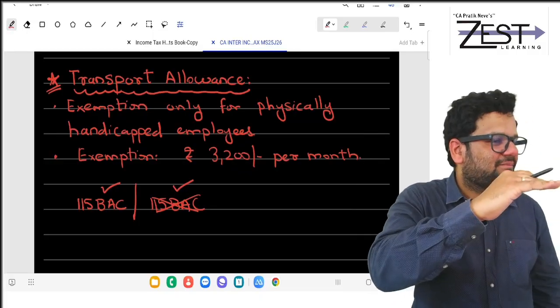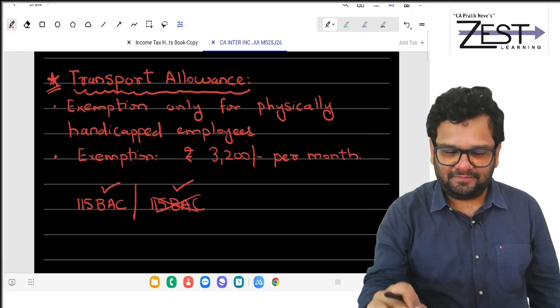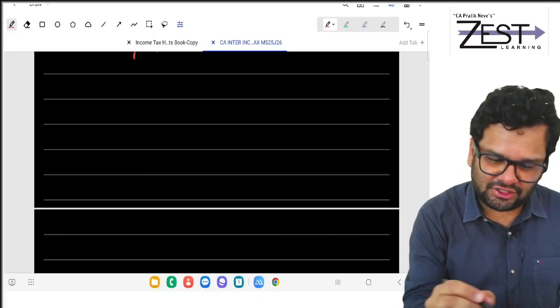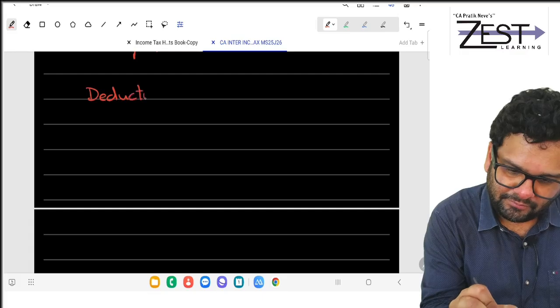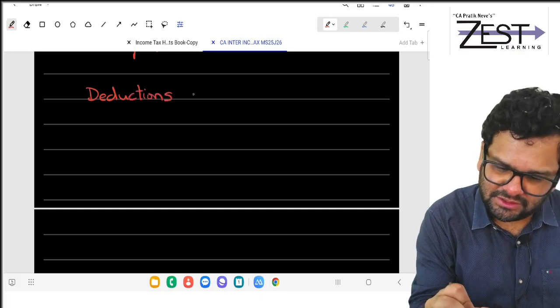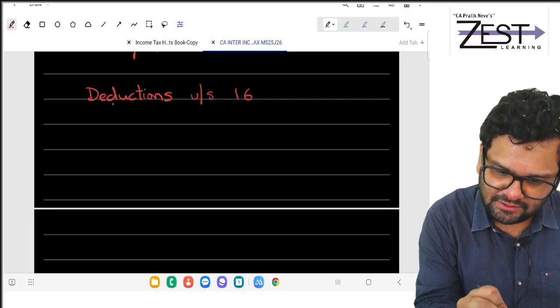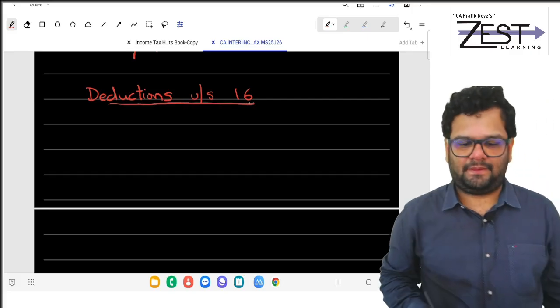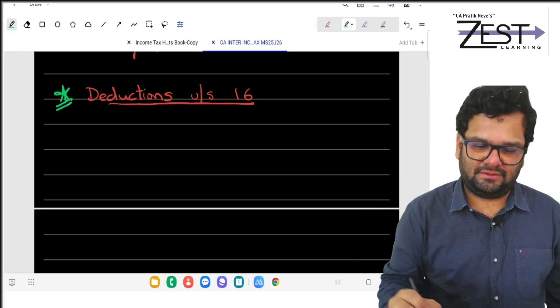Standard deduction, entertainment allowance and profession tax. So where do these deductions fall? Deductions under section 16.